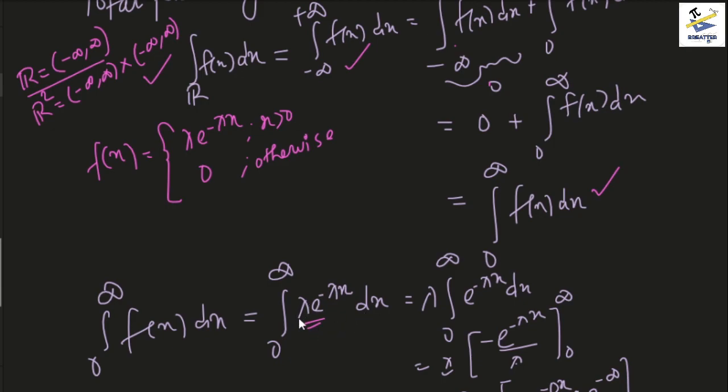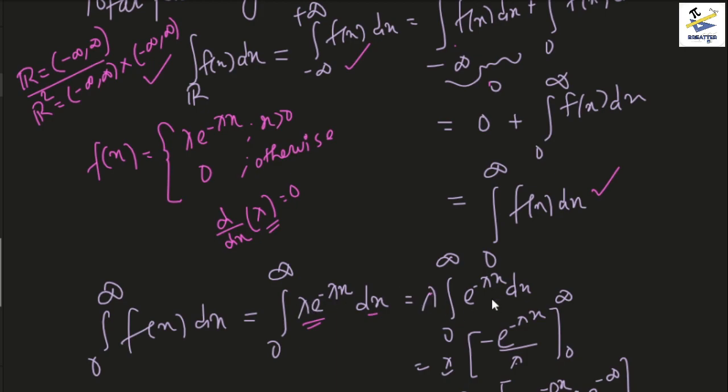Now since lambda is a constant, and we can show that lambda is independent of x because it is already given, d/dx of lambda should be 0. This is the condition which makes it a constant in terms of x at least. It can be a function of y because we do not care as long as y is not a function of x. So what we mean is that lambda is independent of x, and when that happens we can take lambda out as a constant. In this case lambda is just a real number which is independent of any variable.